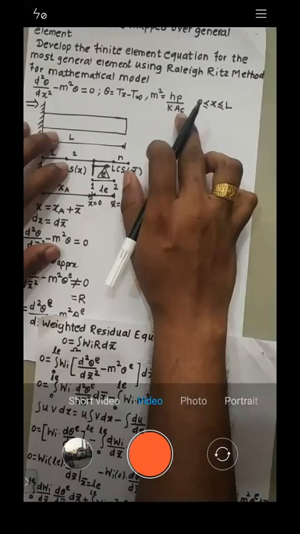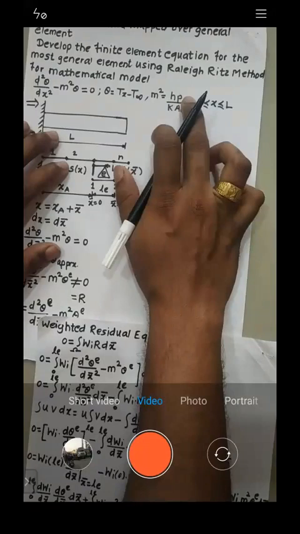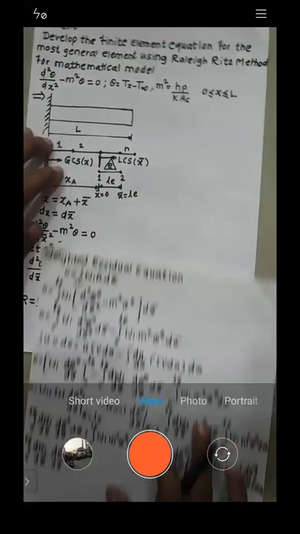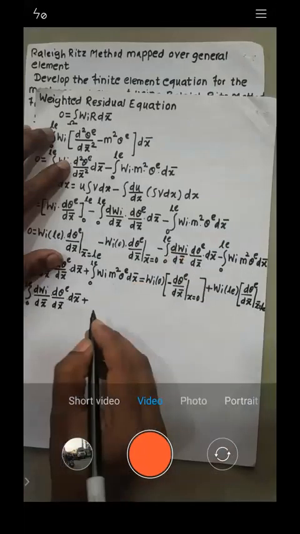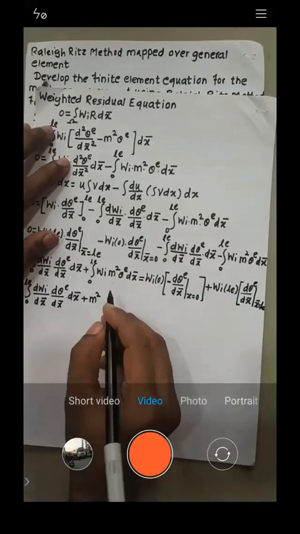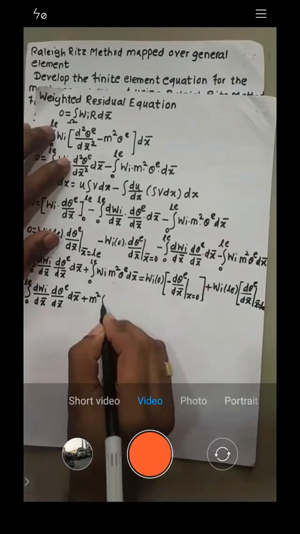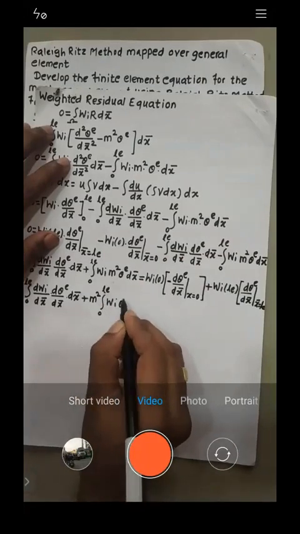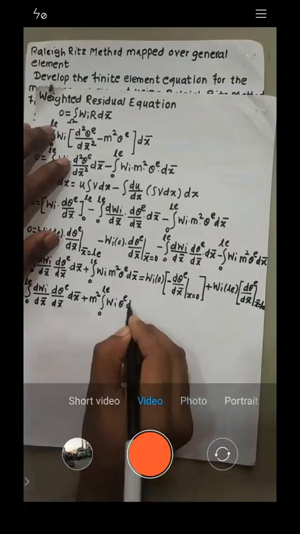Heat transfer coefficient is constant. So for the same cross section, you have perimeter and area the same. Also thermal conductivity is the same, right? So I can take this m square outside the integration. So what is remaining? 0 to LE weight function into theta E dx bar. Is it okay?